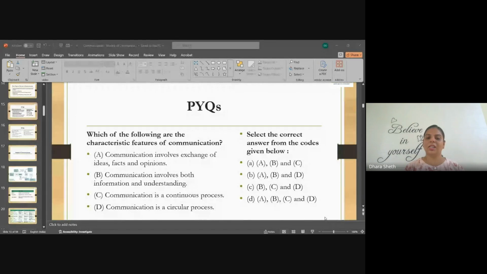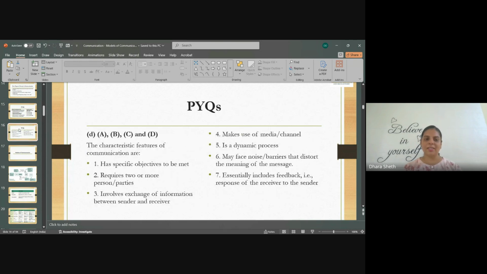Communication is a circular process. Which of these statements are true? The options are A, B, C; A, B, D; B, C, D; and A, B, C, D, all four of them. Okay, so the answer is C.